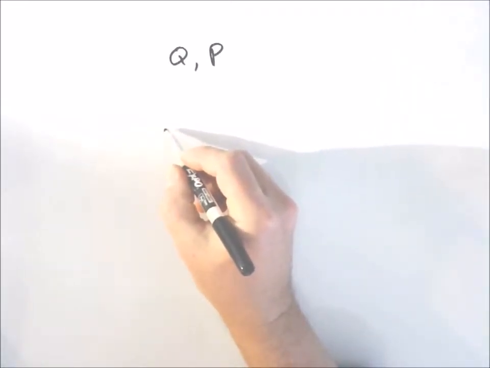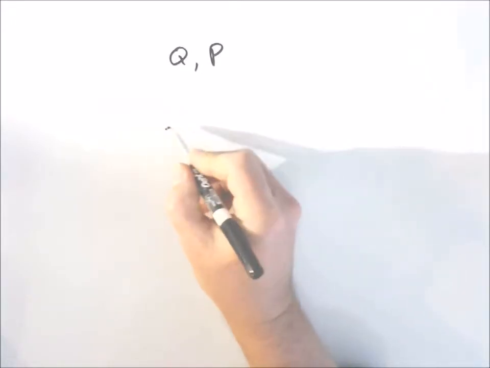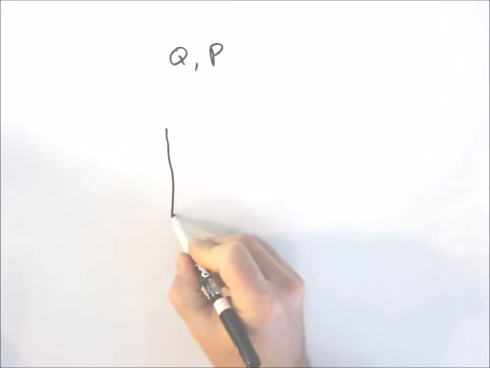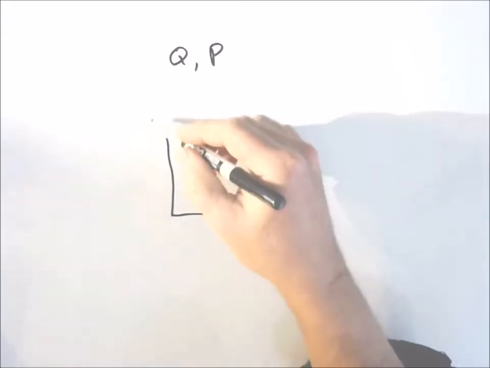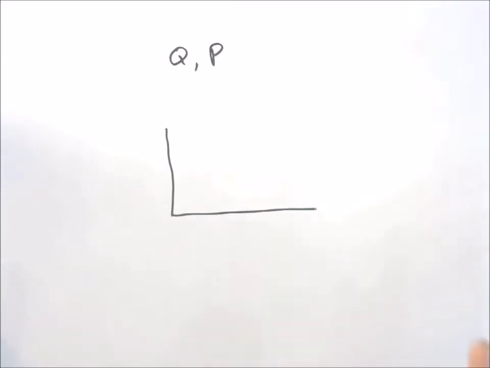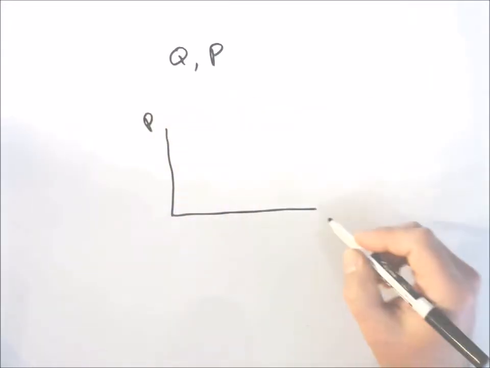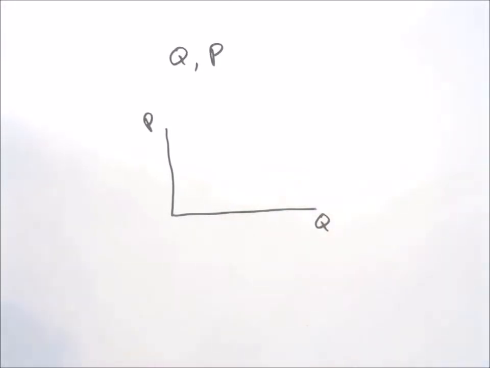In the last video, we had an equation of a line, and typically an equation of a line has a y on the vertical axis and an x on the horizontal axis. This is exactly the same way, only this time we're going to put prices on the vertical axis and quantities on the horizontal axis.